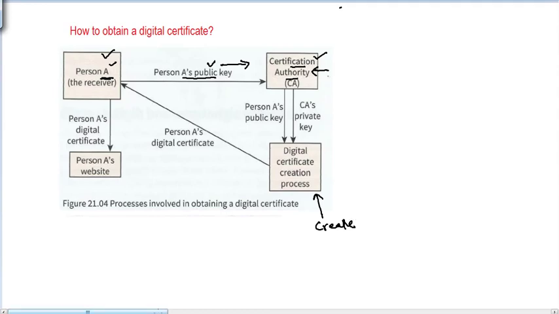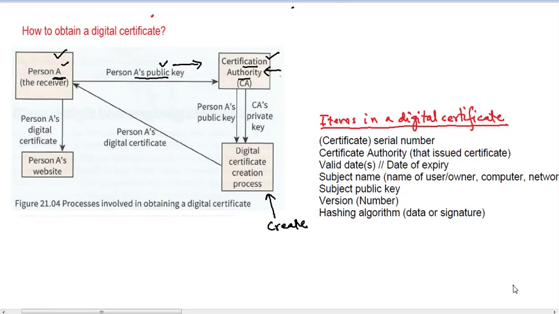Now let's take a look at what is part of the digital certificate. The digital certificate has the following items. It has a serial number. It has the name of the certification authority that issued this certificate. It also includes the date of expiry of this certificate. So how long is this certificate valid?